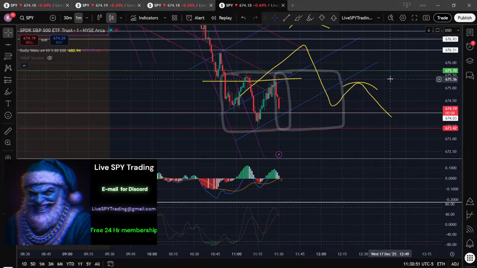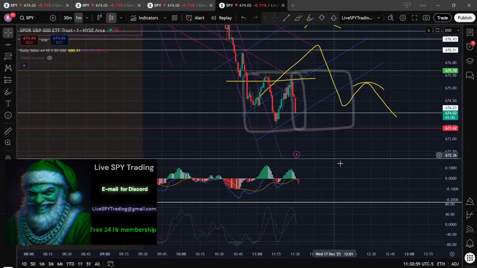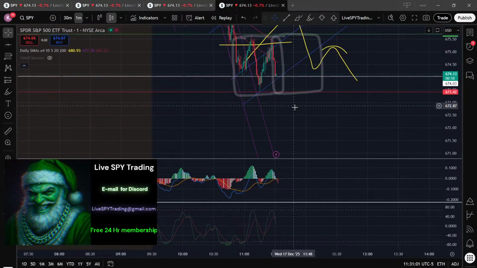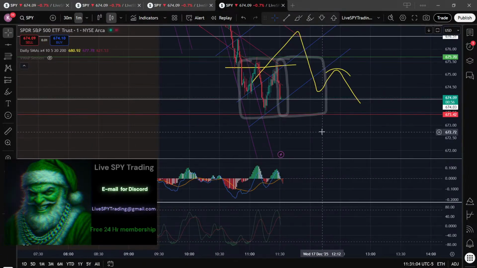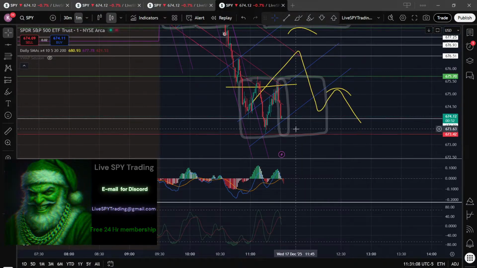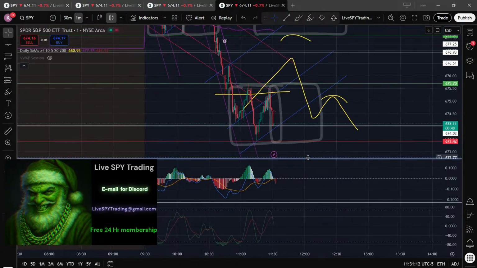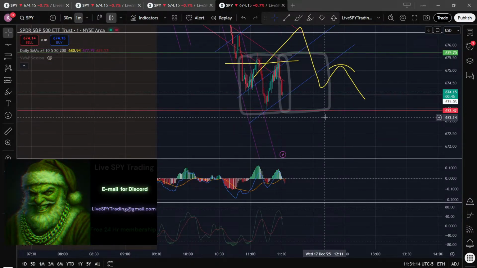And I'm seeing the MACD, you see how this might be a liquidity grab. Instead of trying to guess, we're going to let the market tell us. If we get above this green or below this red, we'll know. Then we'll know, and then we're not going to overstay our welcome.